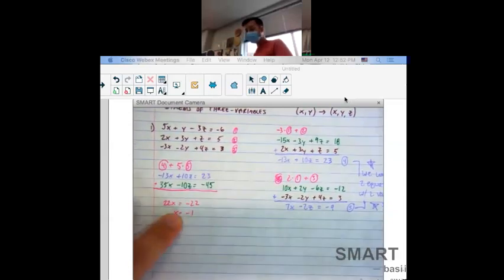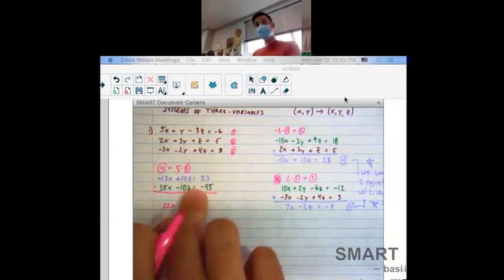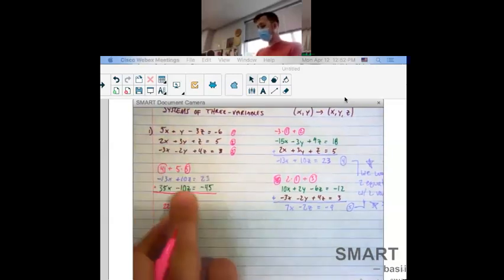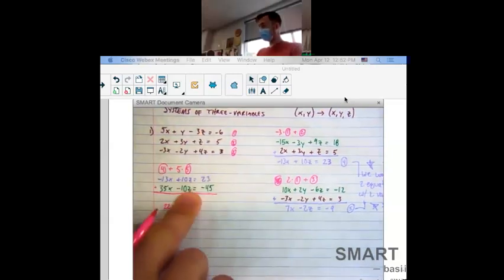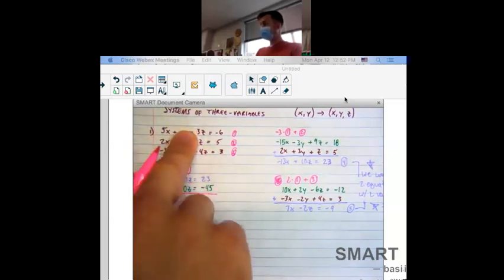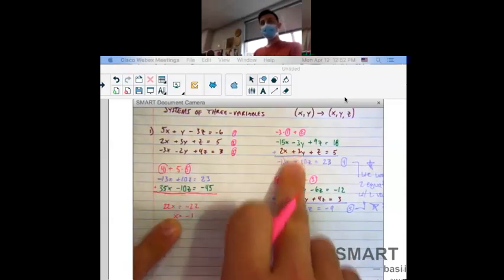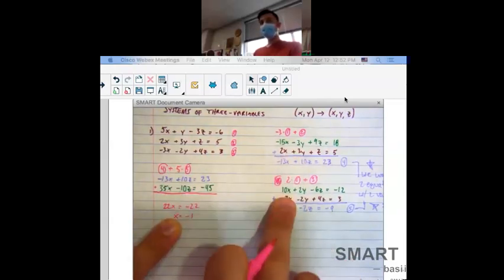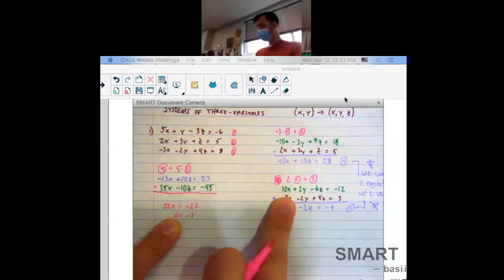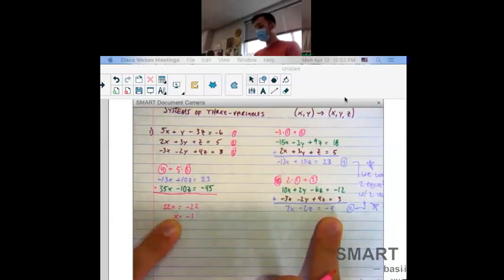Now that we know x, we're going to go backwards through the problem to find z and then find y. The last thing we got rid of was z, so that's the next thing I can find. The first thing we got rid of was y, so that's the last thing I can find. Let's go backwards. So grab one of these equations over here, 4 or 5, to find z. Doesn't matter which one, okay? Just notice the numbers here on 5 are smaller, so I'm going to use 5.